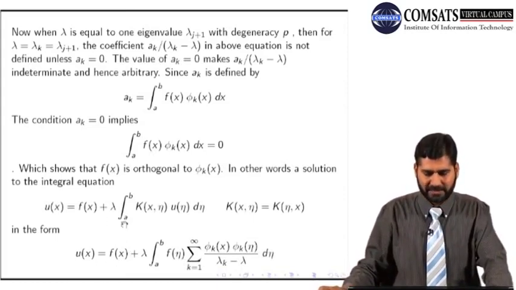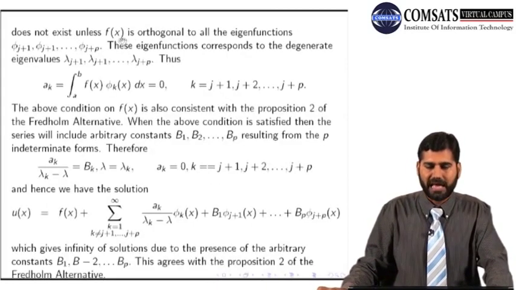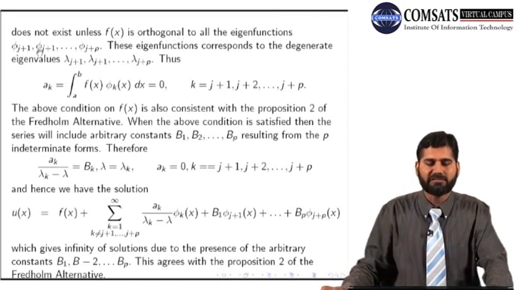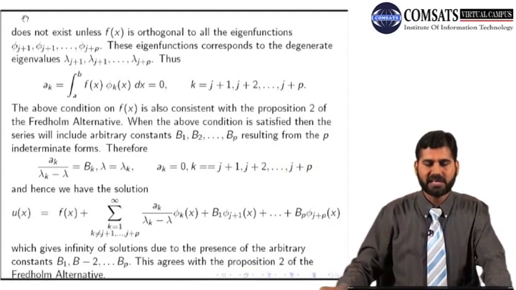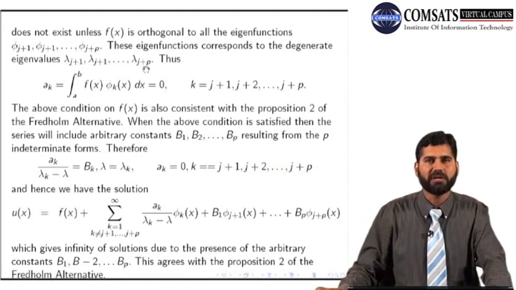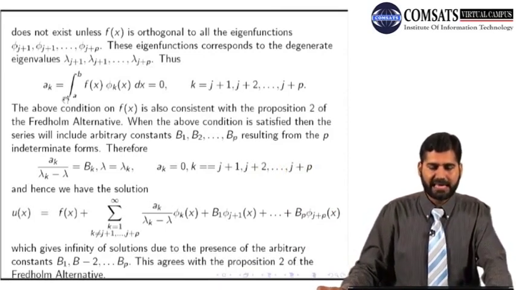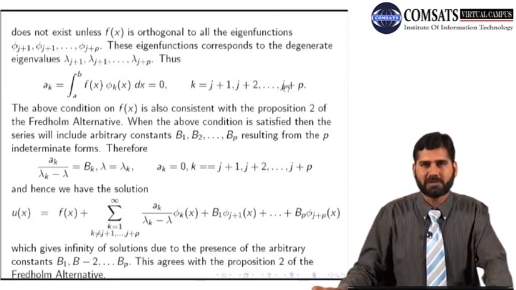Alright, so this equation will have a solution of this form only if f(x) is orthogonal to all the eigenfunctions phi j plus 1, phi j plus 2, up to phi j plus p. These eigenfunctions correspond to the degenerate eigenvalue lambda j plus 1, j plus 2, and so on up to j plus p. Thus a_k is equal to 0 for all k equal to j plus 1, j plus 2, up to j plus p.